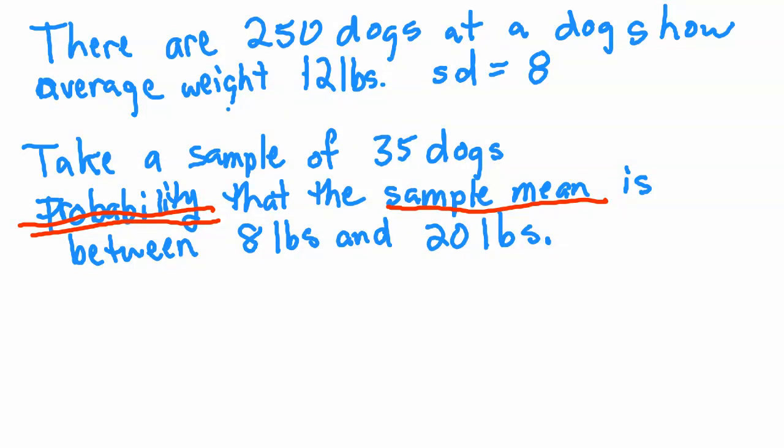You're finding the probability of a sample height. You're finding the probability of the sample weight of the sample that you took. Okay, so that is how you tell that this is the central limit theorem. And what you do, the mean is the same as the population mean.